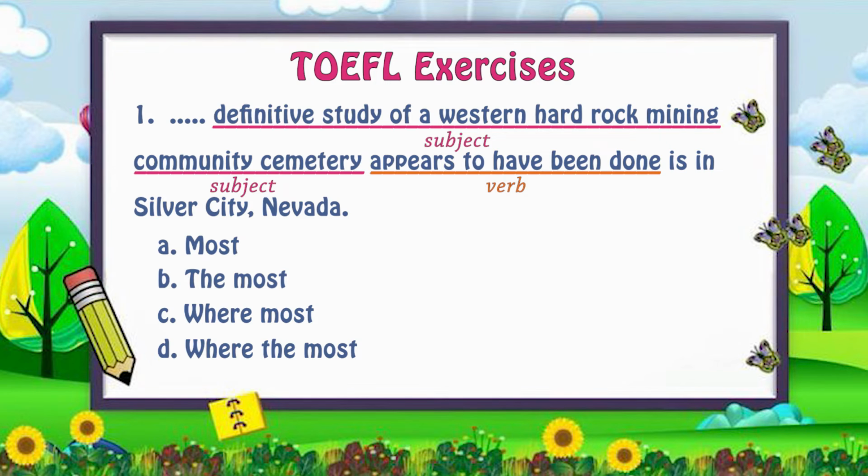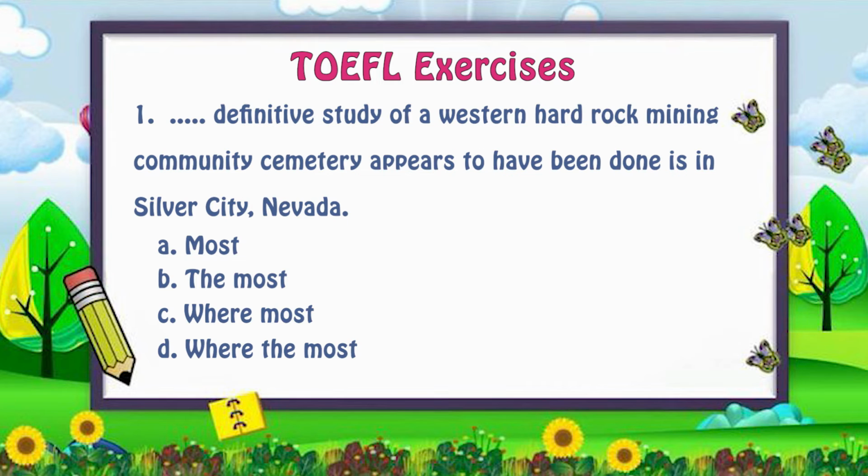Then is, is in Silver City, is also another verb. So this sentence has two verbs, but we have no conjunction. So which one best completes the blank? The ones with a conjunction, so it could be C or D.